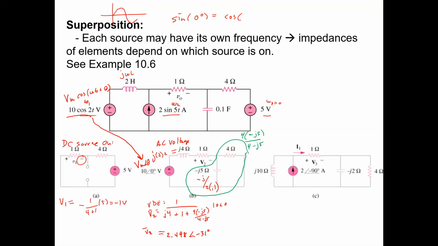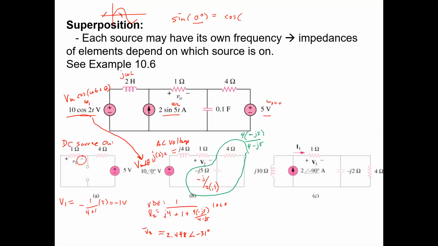Pi over 2? Well, cosine of pi over 2 is going to be this point here going down, right? It's negative pi over 2. You're going to have to make that transformation sometime. So if this is confusing, ask again.